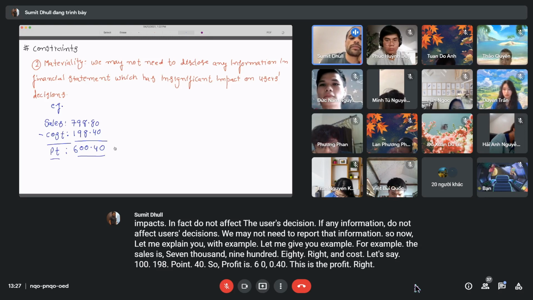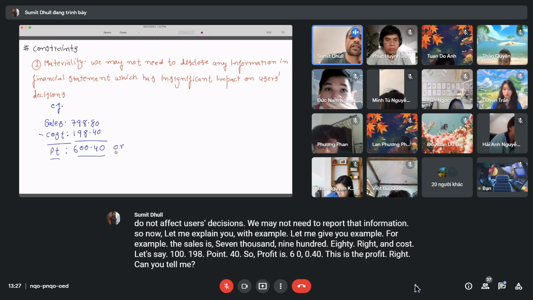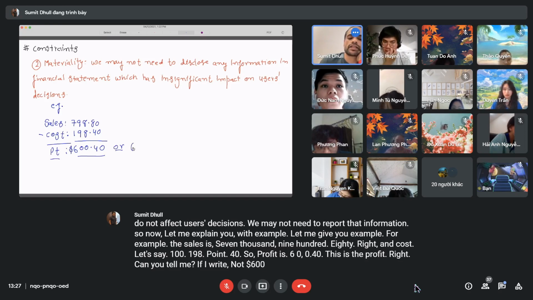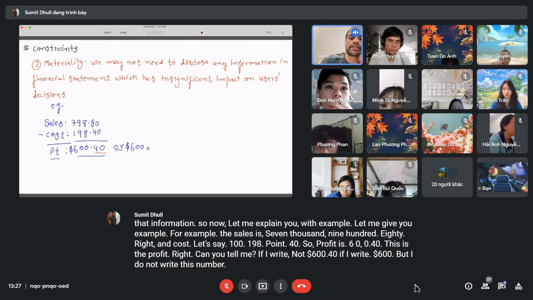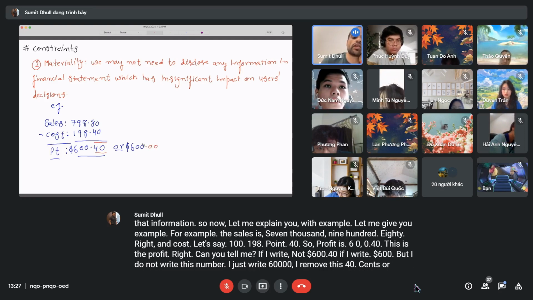Can you tell me, if I write not $600.40, if I write $600, but I do not write this number, I just write 600. I remove this 40 cents, or $0.40. I remove it.